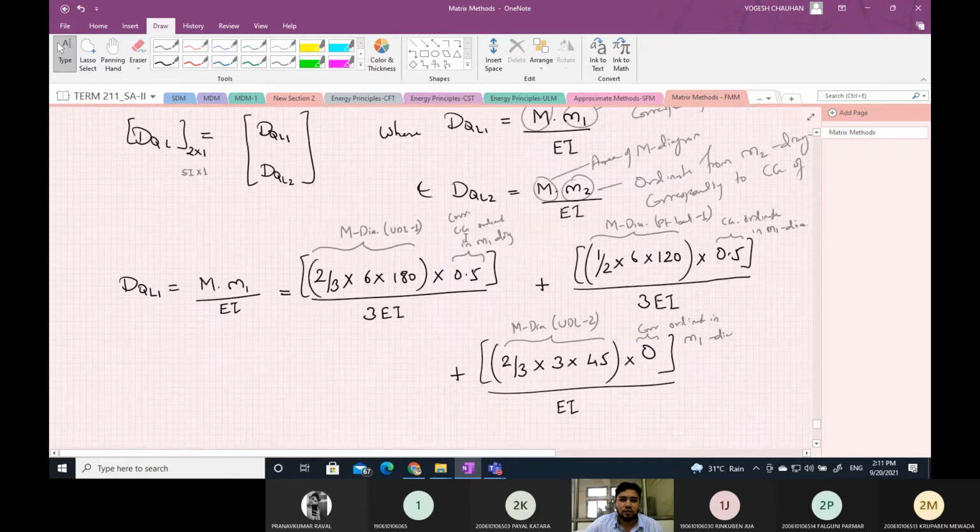This is the ordinate in the m1 diagram corresponding to the CG of the M diagram.